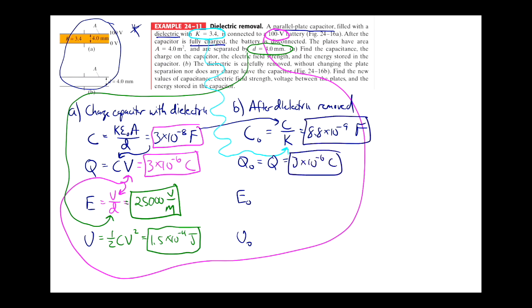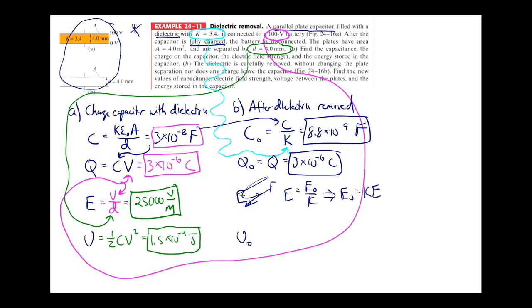Let's see. E is going to be, I've got this all reversed. E naught is what? E divided by K? Does that sound right? Or do I have that backwards? Other way around, right? There we go. E is E naught over K, and we're solving for E naught.